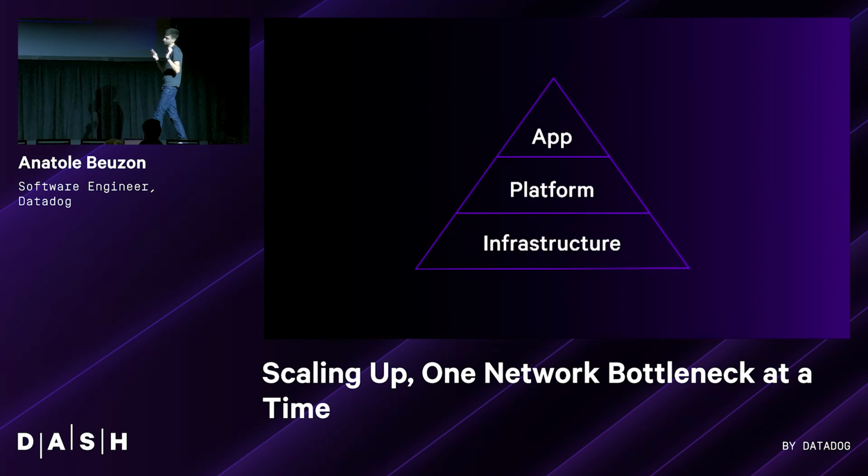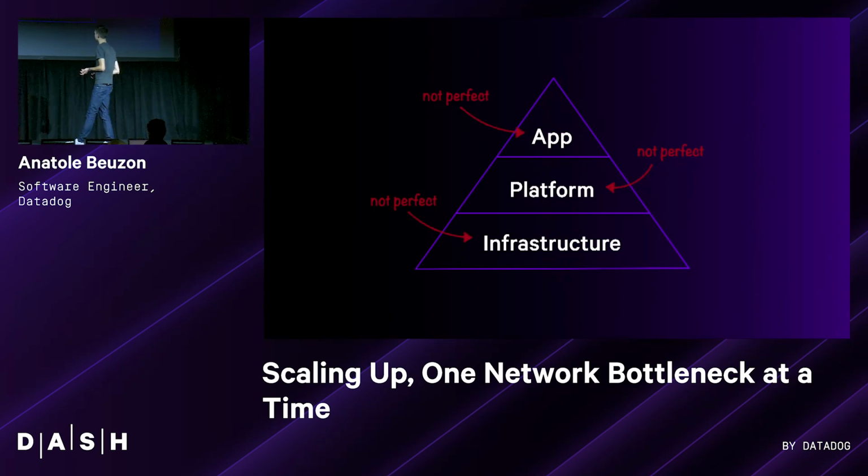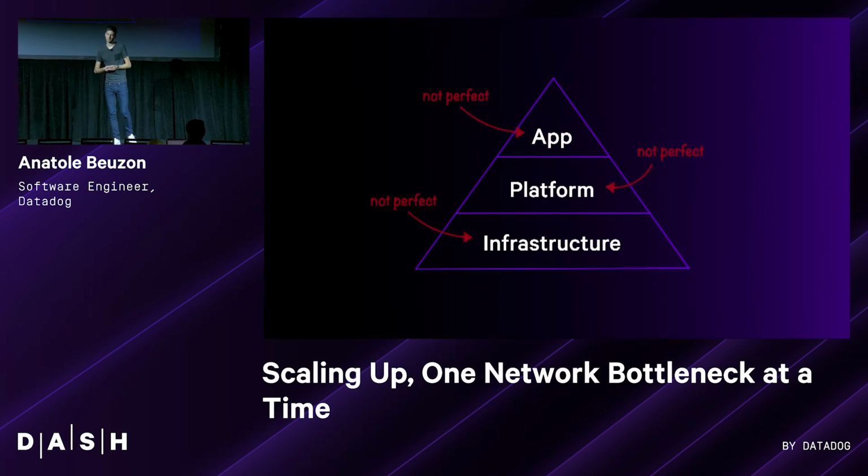And sometimes we have to dive deep to understand issues that are below the app layer. The app layer is not perfect, but also the platform layer is not perfect, and neither is the infrastructure layer. And unusual scale often brings unusual bugs, especially in the networking space where there are complex interactions between the different layers. So we must assume that each layer is a work in progress with its strengths, but also with its bugs.